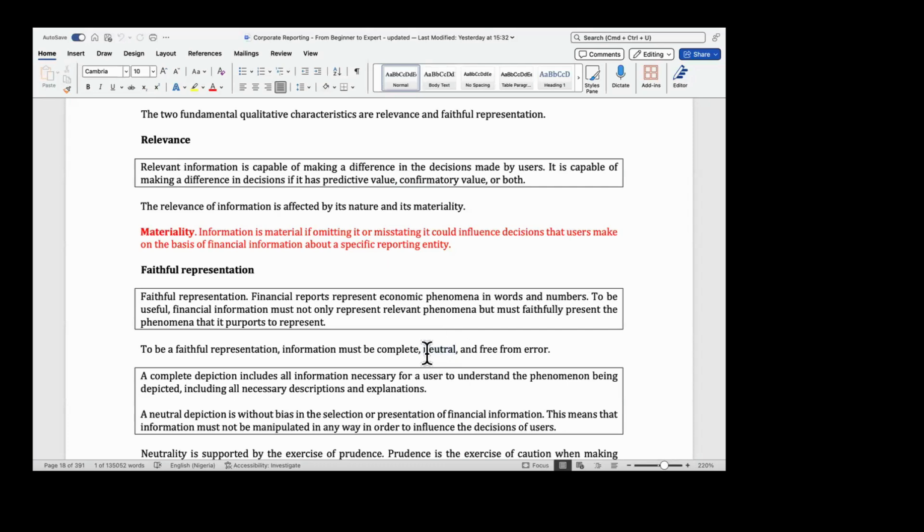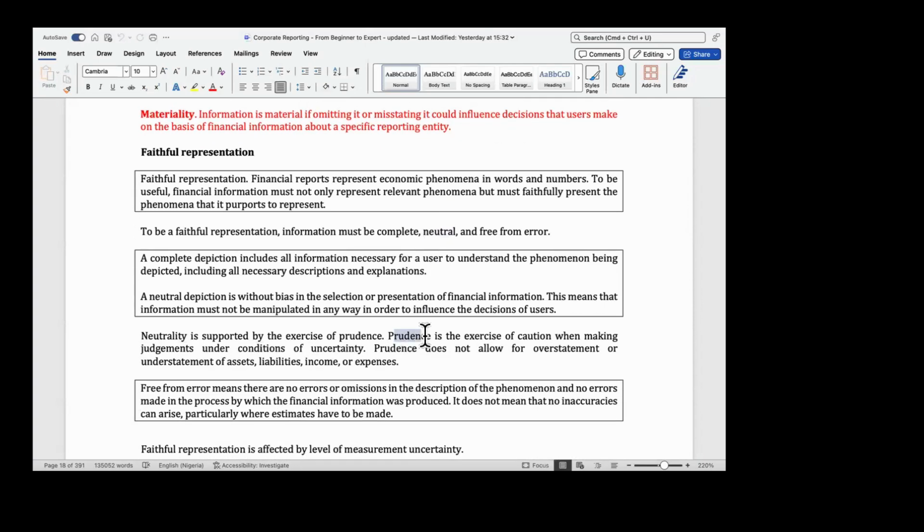And when we are talking about neutrality, they introduced prudence. So neutrality is supported by the exercise of prudence, the principle that says we need to be cautious when making judgments, because with IFRS you'll be making a lot of judgments. What that simply means is: don't overstate or understate your assets, liabilities, income, or expenses. As we move on, you will see that a lot of IFRS has already incorporated prudence.